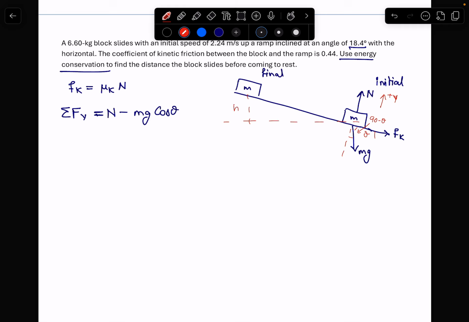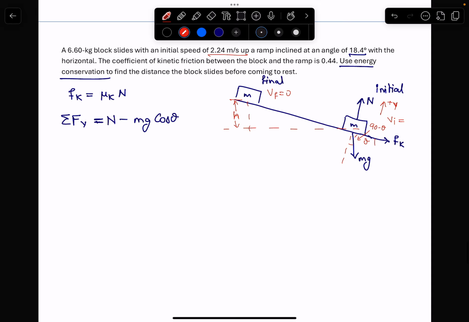So this is its change in height. Here its velocity is 0, and here its initial velocity is given as 2.24 meters per second, and its height is 0, because I'm assuming this is 0 and this is h.